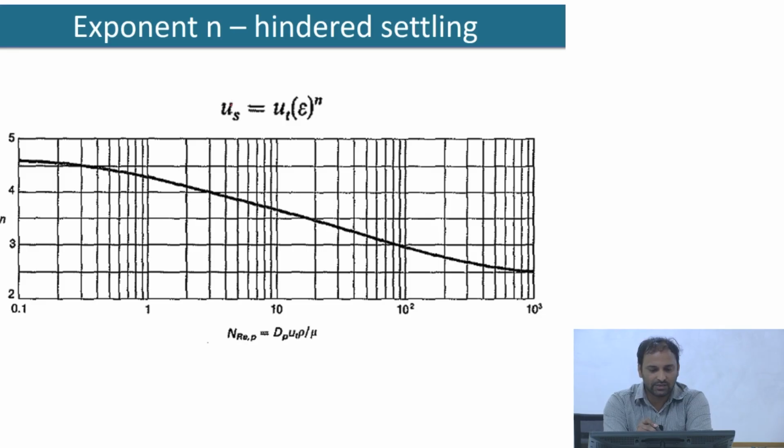What you are looking at here is U_S, the hindered settling velocity, that is, the settling velocity in the multiple particle system.